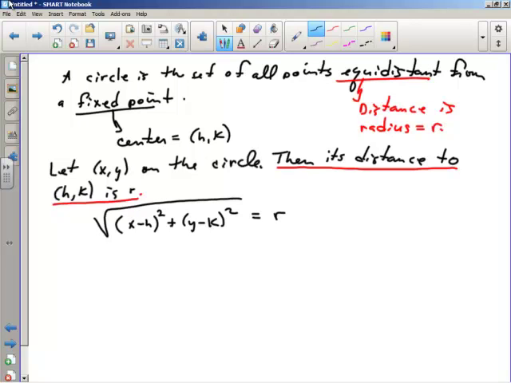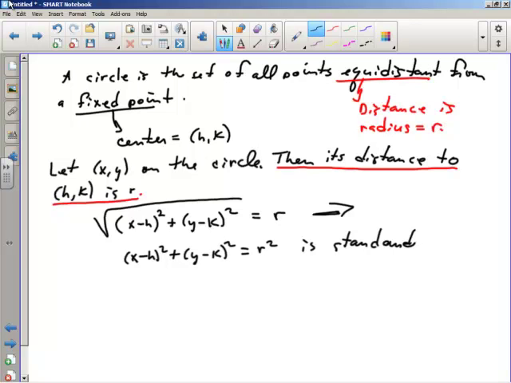Square both sides. Squaring the square root just gets rid of the square root, and squaring the r, you get r squared. And there's your standard equation.